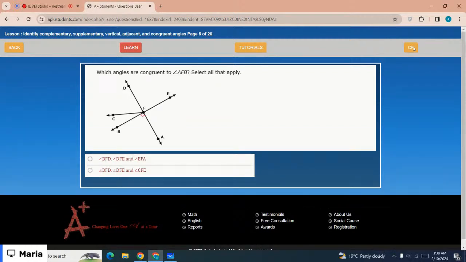Which angle is congruent to angle AFB? Select all that apply. So which is the correct option? They are BFD, DFE, EFA, as option number 1 is the correct option.